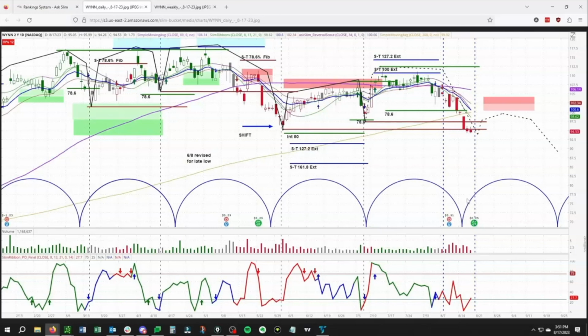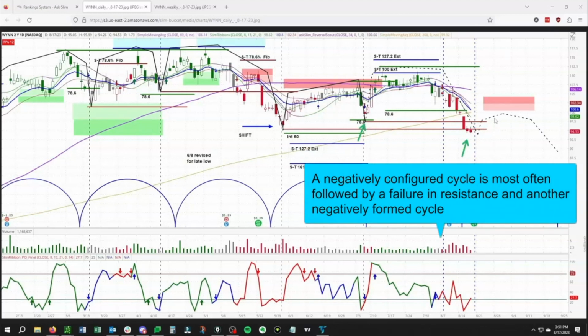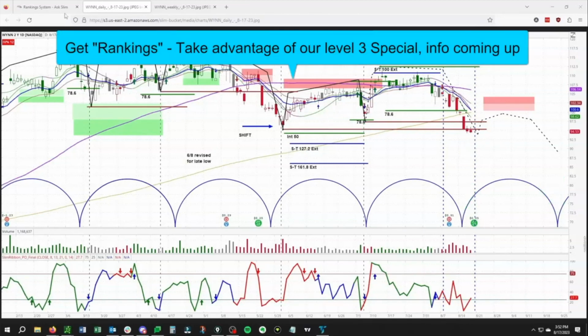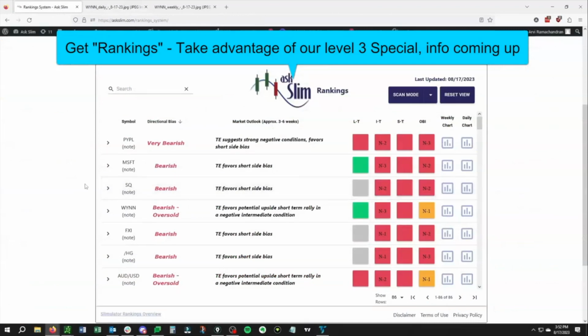There's a low that is due right around now, in the overall context of a lower daily low versus the old low, and based on that, we would look for a lower high to form in this next rising phase, and for a rally into this 100 to 105 area in red, followed by a lower low going out into that next low, which is due in the later part of September. So you have a great sense for our levels on the upside along with our timing for that next low here in the short term in WYNN, and all of that was right here for you in the ranking system.